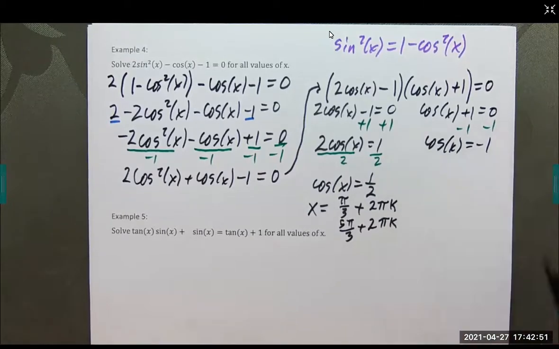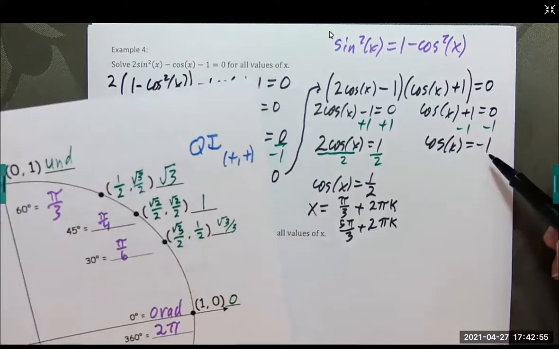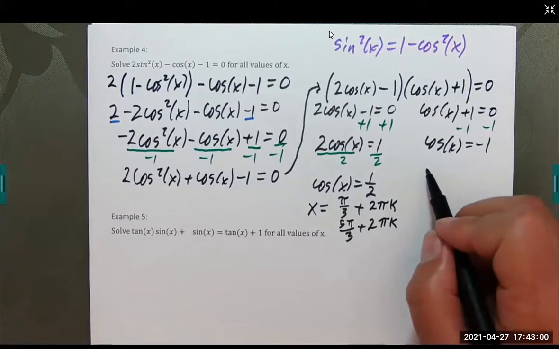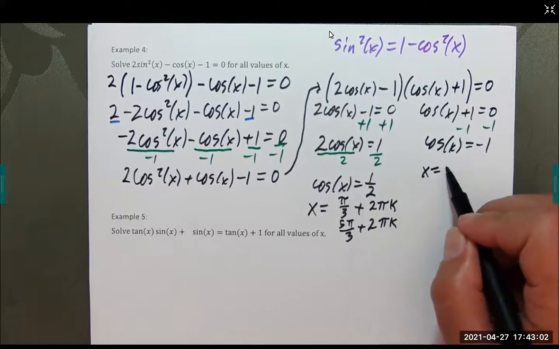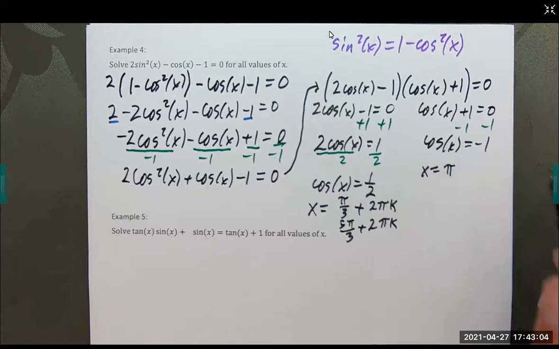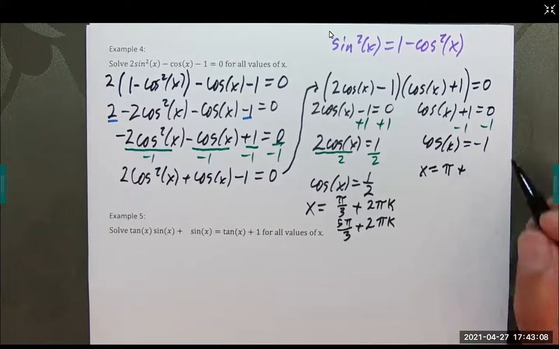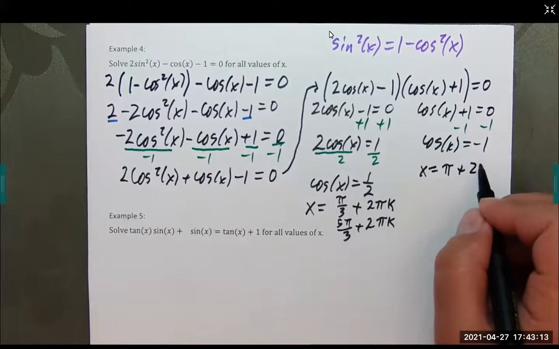Now, when is cosine equal to -1? That's the x coordinate equal to -1. That's here at pi. So x equals pi plus 2 pi k again.